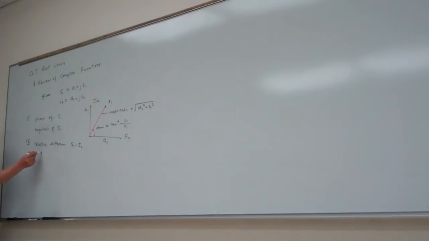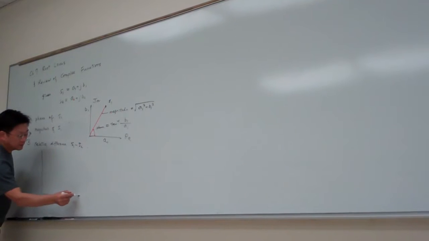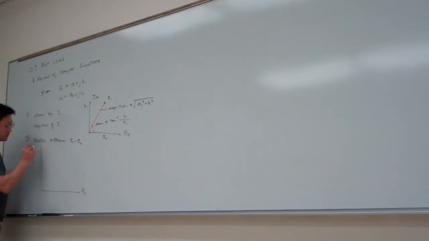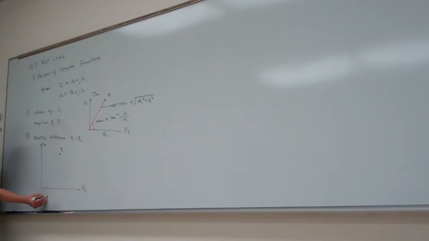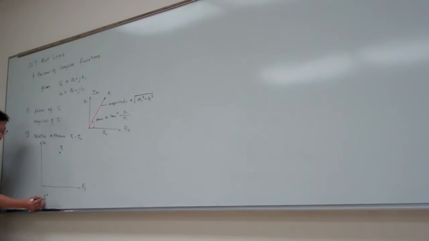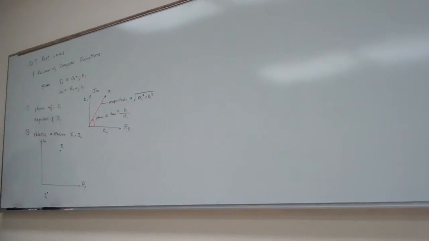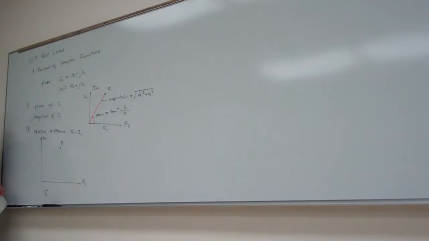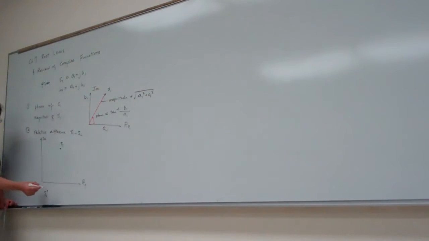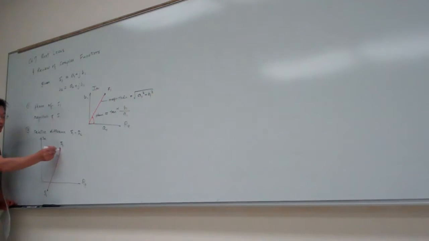So again, we use the complex plane, and say S1 is here, for example, and then S2 is here. So S1 minus S2 represents a new complex number, and you represent this by an arrow.